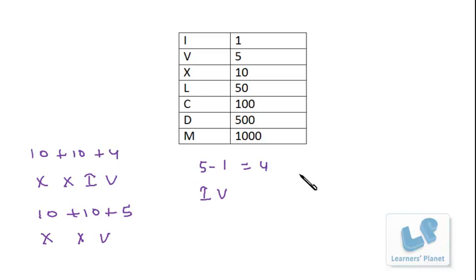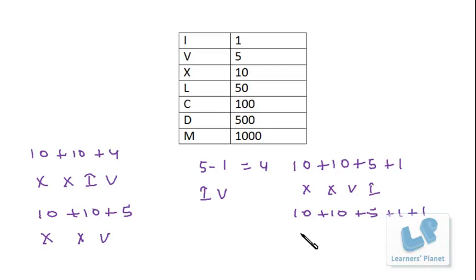Now similarly 26, that is 10 plus 10 plus 5 plus 1. So it's X, X, V, I. Now 27, it's 10 plus 10 plus 5 plus 1 plus 1.